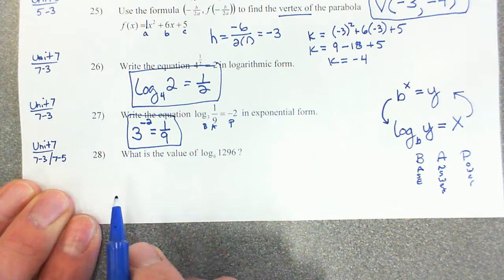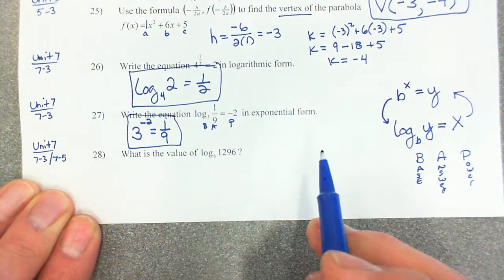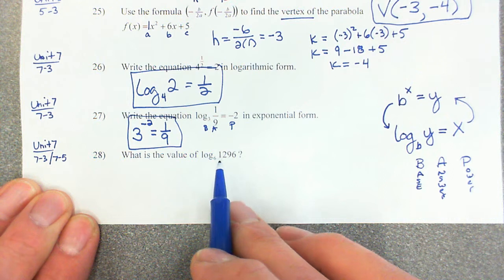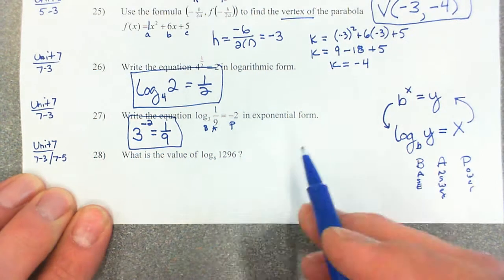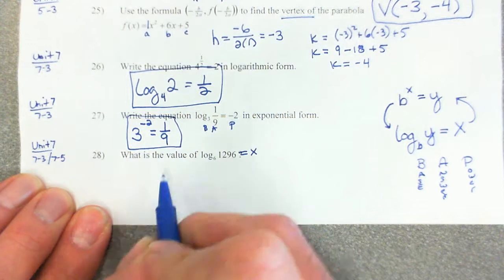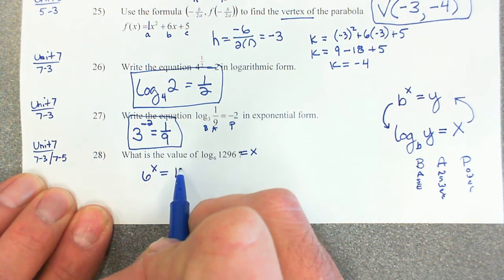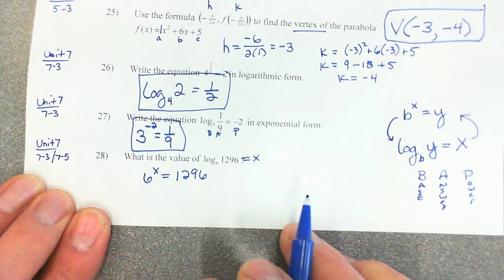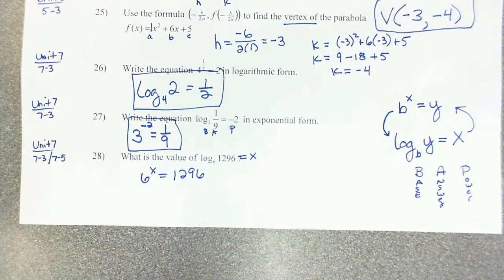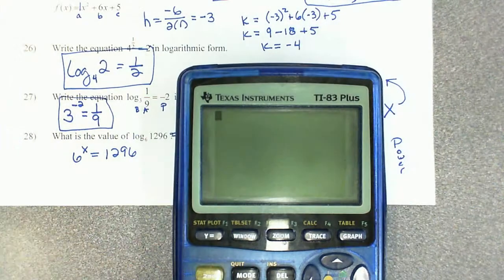The next one here, number 28, what's the value of log base 6 of 1,296? Well, remember that this is equal to a power. So this says 6 to what power gets you 1,296? Well, since it's multiple choice, you can just try the different answers. But on this one, I don't give you any options.